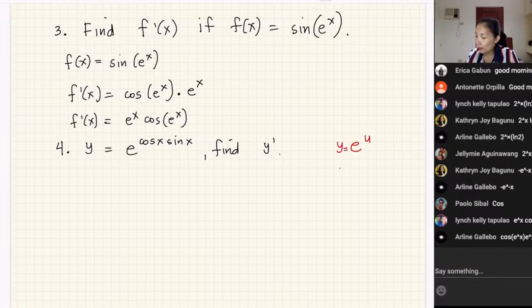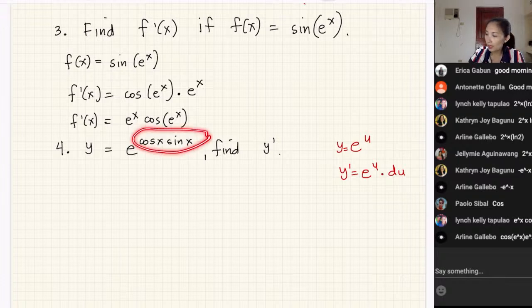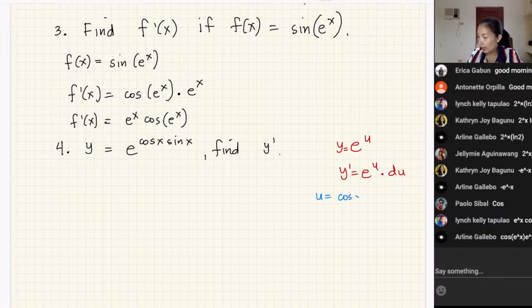So our y prime must be e to the u times du. However, our u here is the product of cosine x and sine x. So u is cosine x sine x, which is a product. So what then is du? What is du equal to?